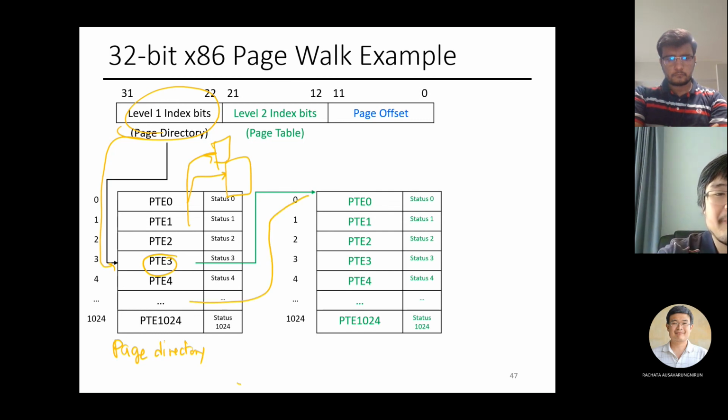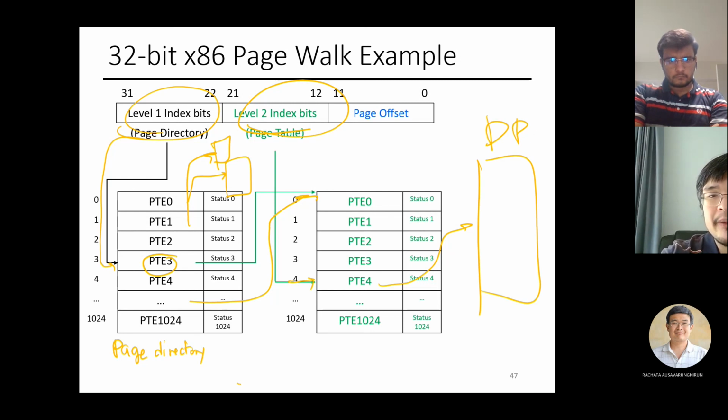Some of them might share the same table as well. Then you get the second index bits here and use them. Let's say the number is 4, you go here, and this will point to another location. This now points to DRAM because that's the last location. This tells you, hey, that's your page. So this gives you your page.